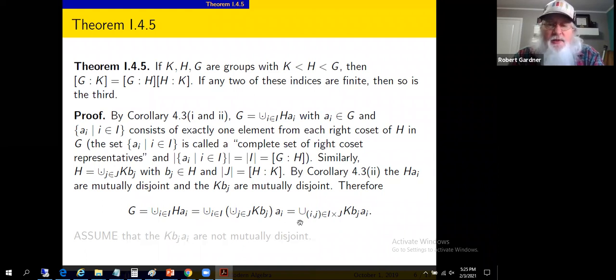Now the question is, not a typo here, do you still have the disjointness when you deal with a collection in this form? That's what we need to show. I want to show we still have the disjointness. And then we'll go through and relate what we're getting here to this index.